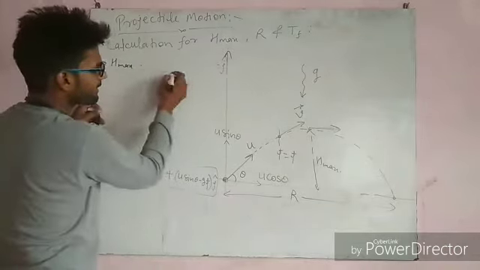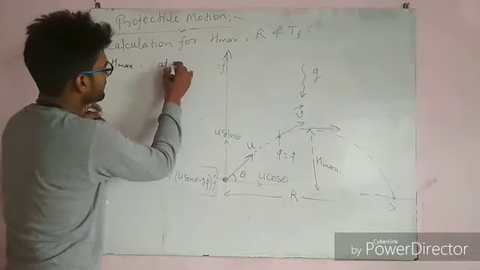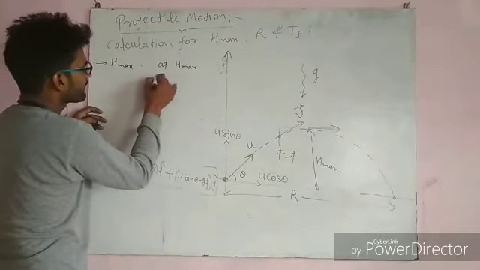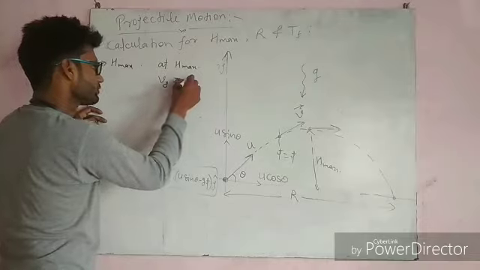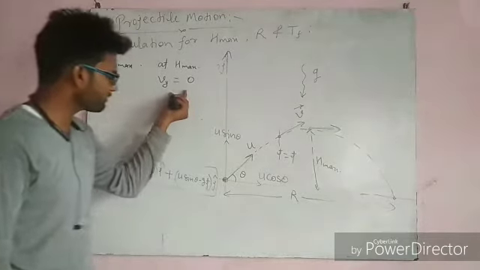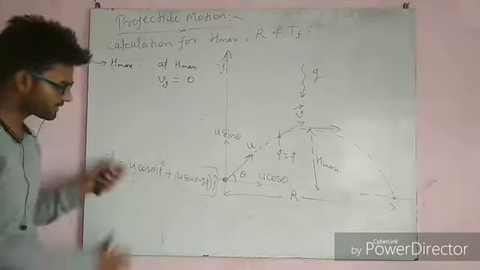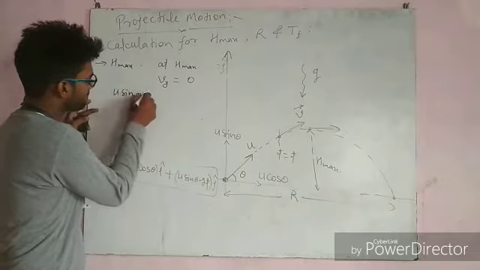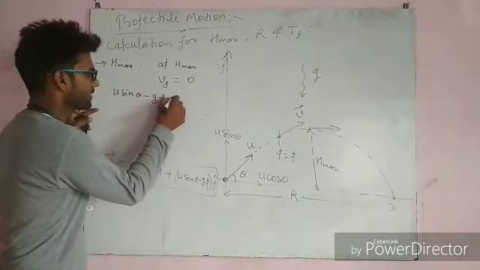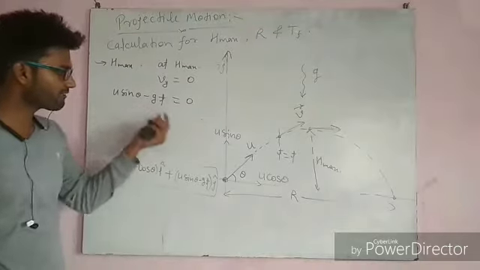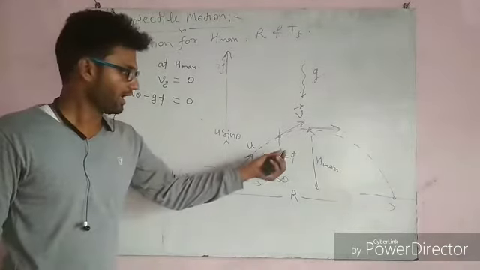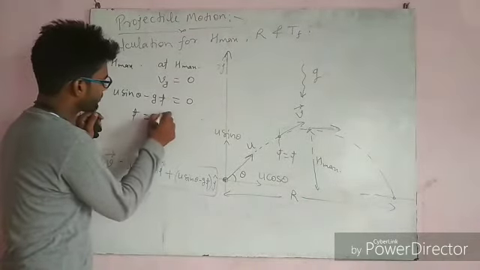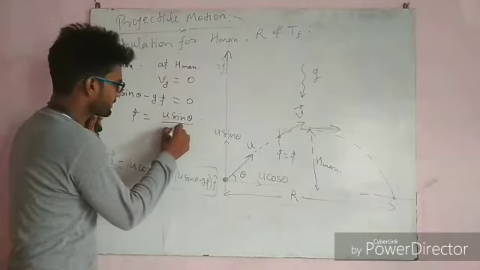At h max, Vy is equal to 0. We know the value of Vy, that is given in this equation. So Vy, the y component of velocity, that is u sin theta minus gt, is equal to 0. From here we can find the time at which the particle is at maximum height, right? So t equal to u sin theta by g.